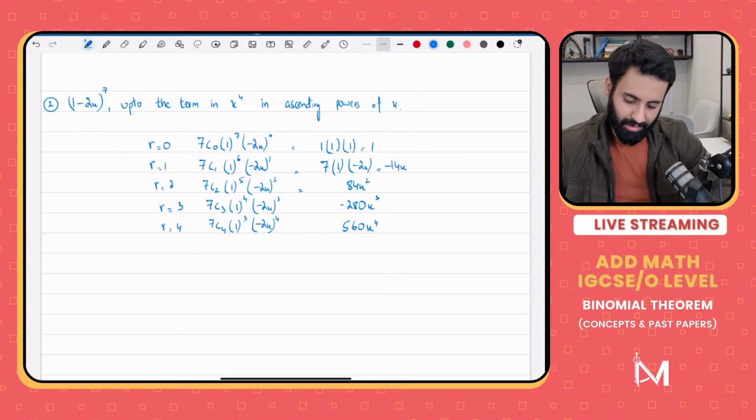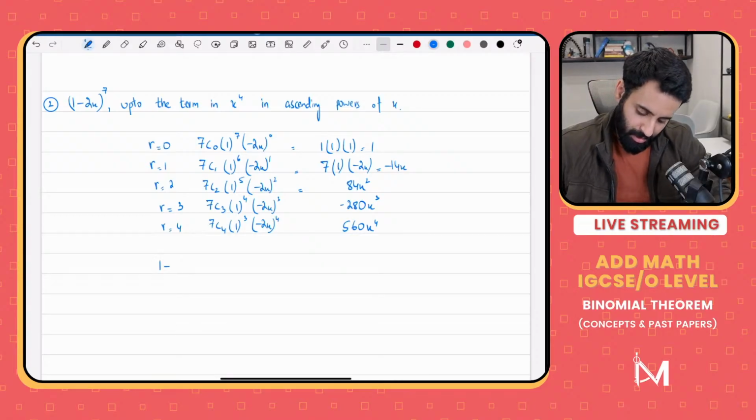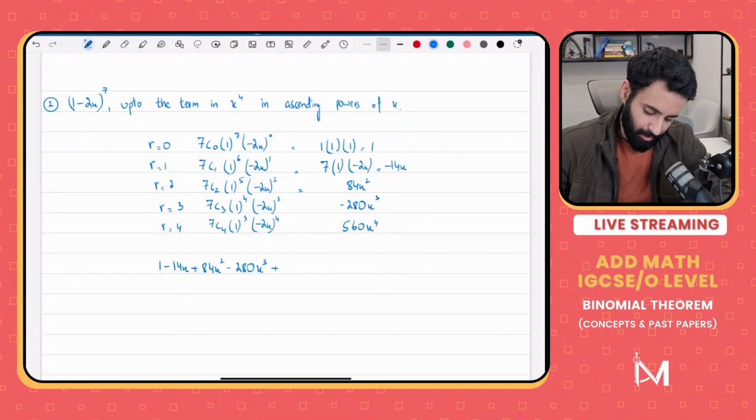So let's write this nicely. So we have 1 minus 14x plus 84x square minus 280x cube plus 560 x power 4.